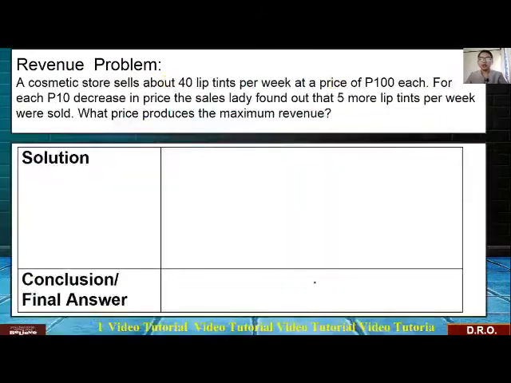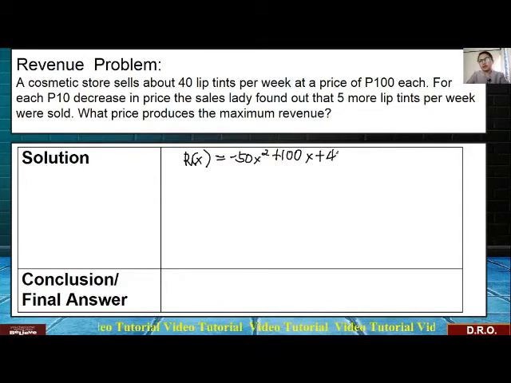Let us now proceed with the solutions. Let us first copy the revenue working equation, which is R of x equals negative 50x squared plus 100x plus 4,000. Since we are looking for the maximum revenue, again h and k are involved.